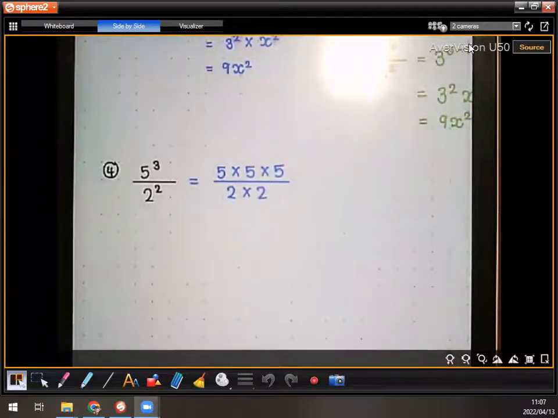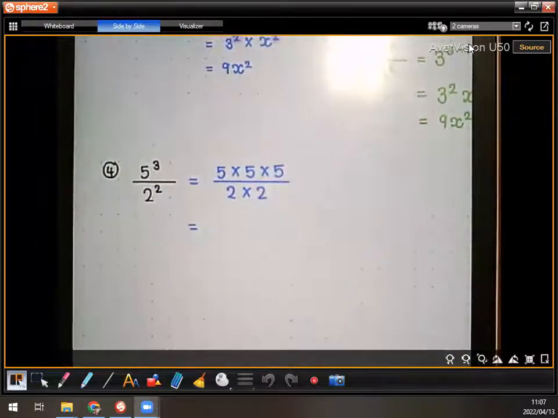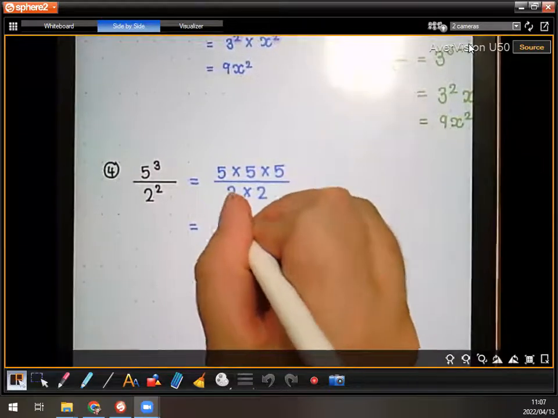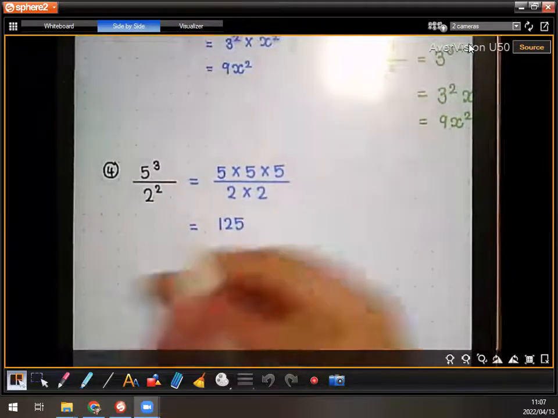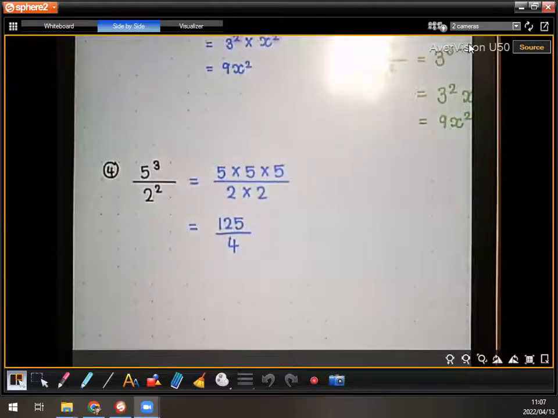Now we're going to actually have to work this out. We're working with numbers, right? We can actually do this. I believe in you guys. 5 times 5 times 5. Do we know what that is? 125. Over 2 times 2 is 4. Guys, that fraction actually can't be simplified. So that's the answer. Right?